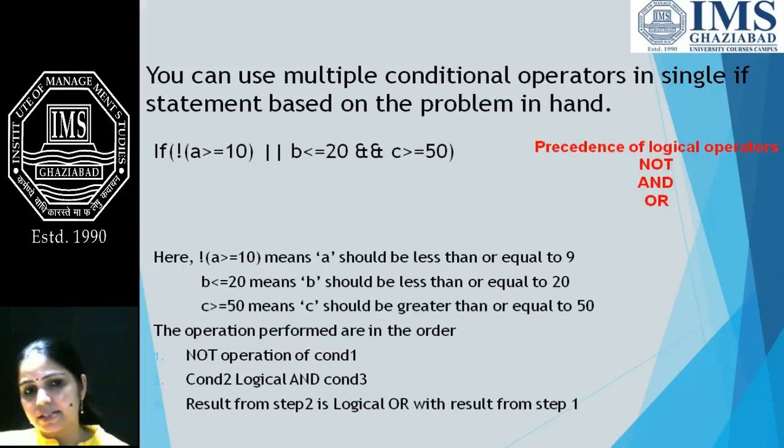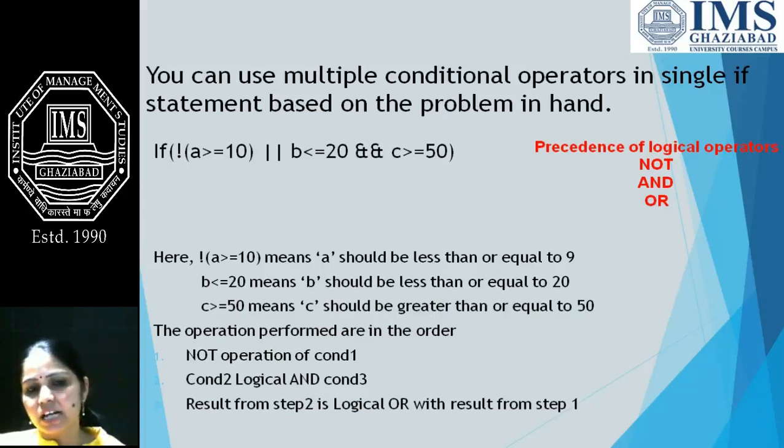Now since these 3 are the logical operators, and logical operators work on the basis of precedence and associativity. Precedence means priority. Which operator has the highest priority among these 3? Obviously the NOT operator. So first the NOT operation would be performed, then logical AND is performed, and then logical OR operation is performed.